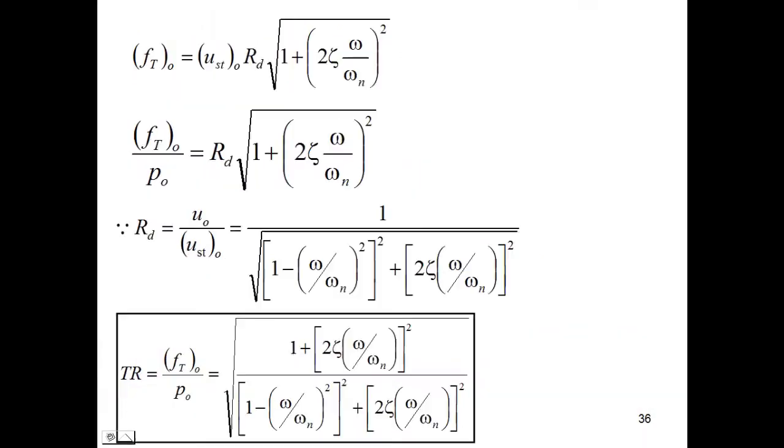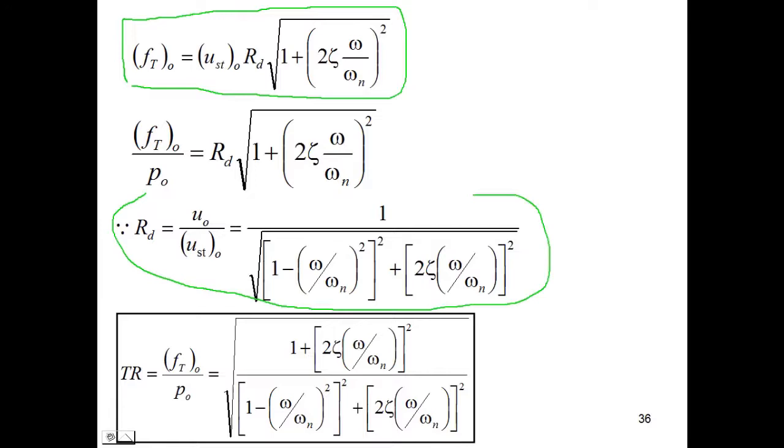It can easily be shown that the amplitude of the transmitted force equation is, substituting for Rd, an equation for the ratio of the maximum transmitted force to the amplitude P0 of the applied force. This ratio is known as the transmissibility of the system, Tr.